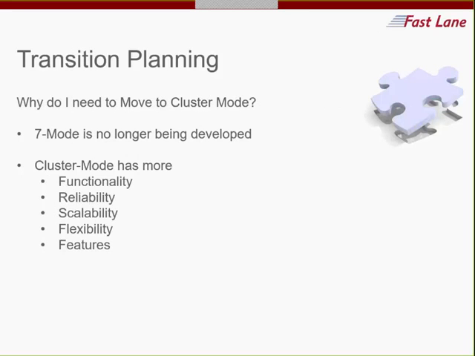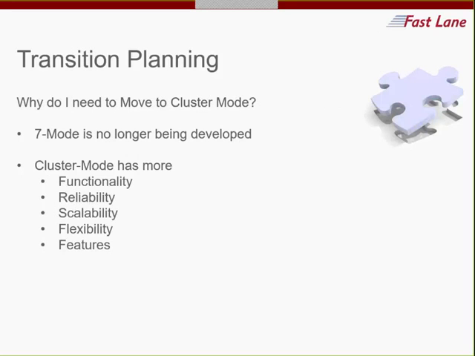What we're going to look at is how to get from 7 mode across to cluster mode. Unfortunately, there isn't a straightforward, simple upgrade where you just take a 7 mode system and upgrade it to cluster mode. There's a transition process that's required.